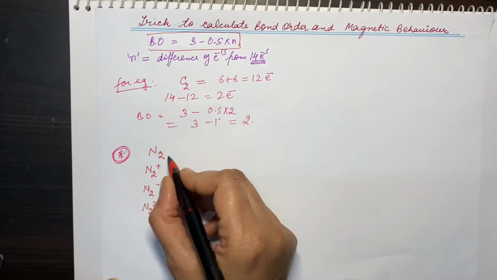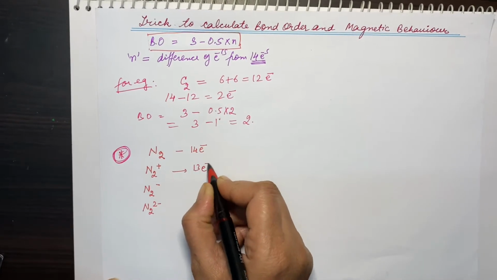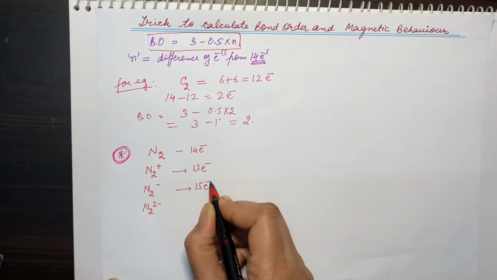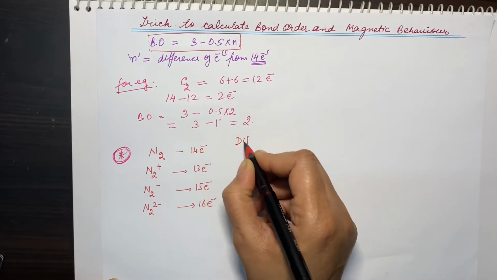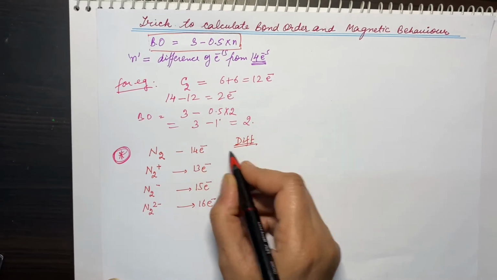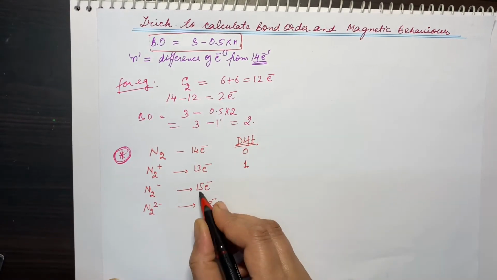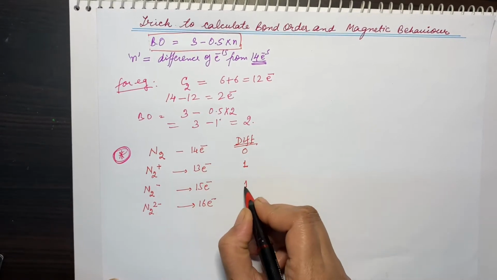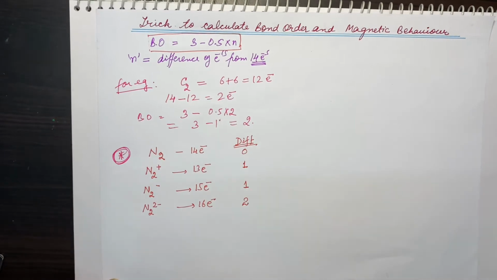Now, how many electrons? 14 electrons. How many electrons? 13. Here, 15 electrons. 16 electrons. What is the difference of electrons? 14 minus 14, 0. Here, 14 minus 15, 1 electron. The difference is for 1 electron. Here, the difference is for 2 electrons.